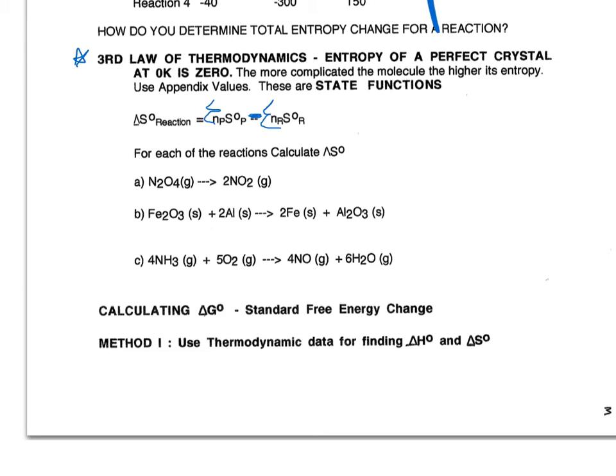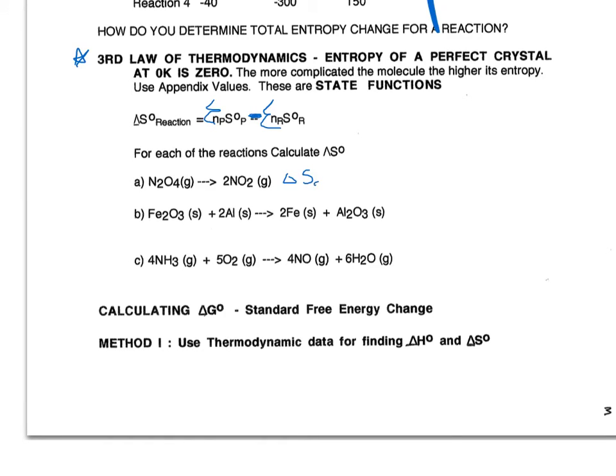Would you expect that the entropy increases or decreases? Yeah, because we actually have more molecules, the same number of atoms, of course, but more molecules, the entropy should actually increase.